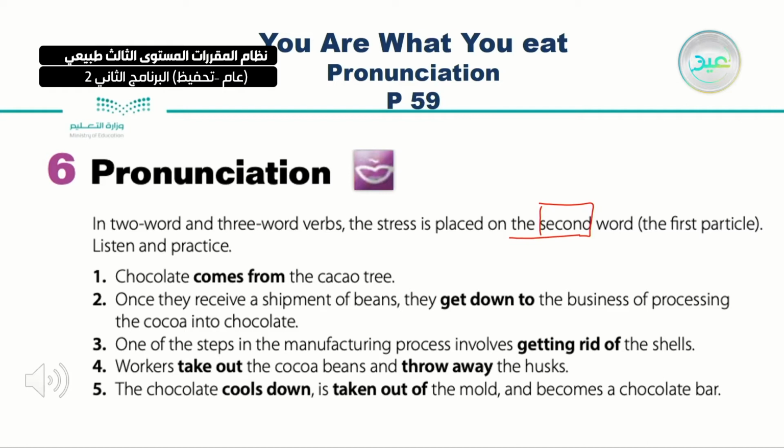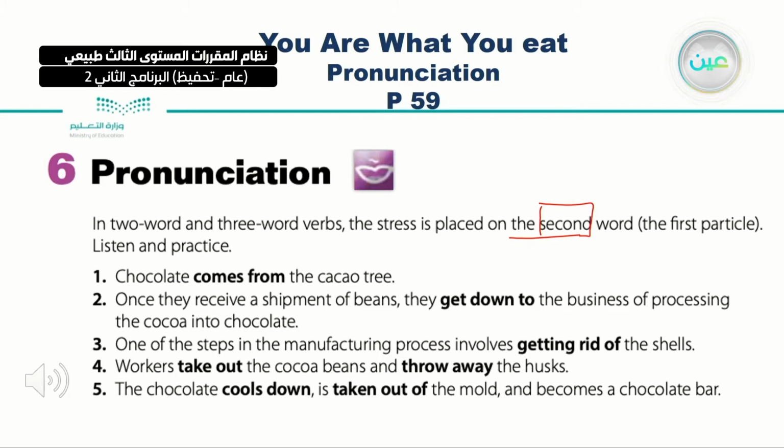1. Chocolate comes from the cacao tree. 2. Once they receive a shipment of beans, they get down to the business of processing the cocoa into chocolate. 3.